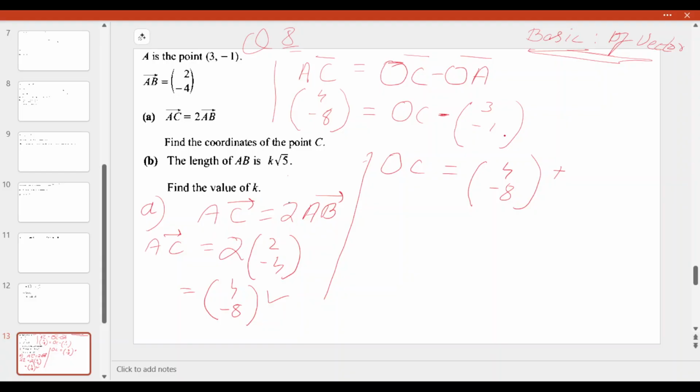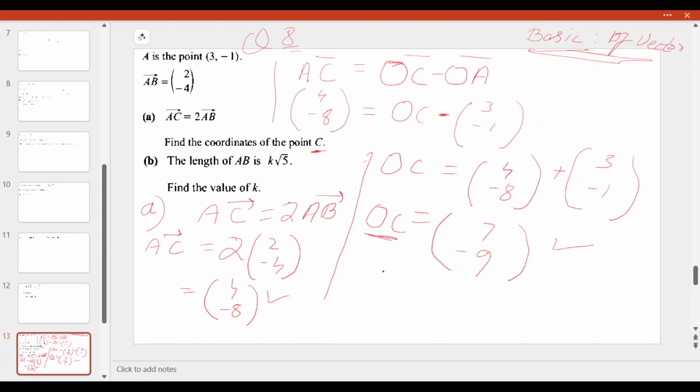If this is minus, this becomes positive, and if this is positive, then that becomes negative. Now just solve it. 4 plus 3 is 7, minus 8 plus 1 is minus 9. So the question asked us to find the coordinates of the point C, that is OC is equal to (7, -9).